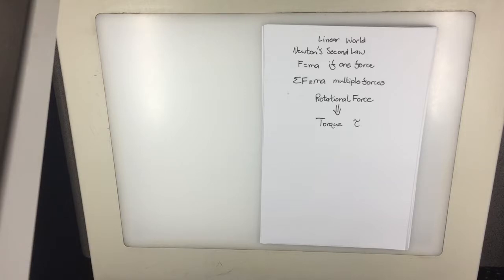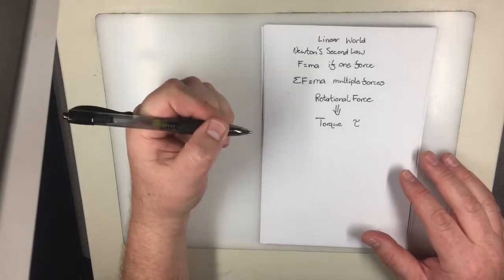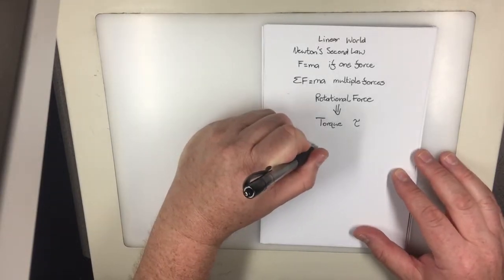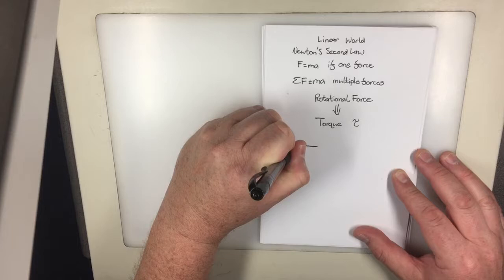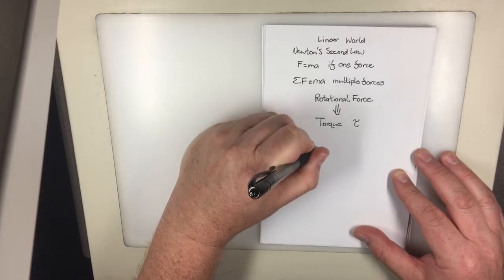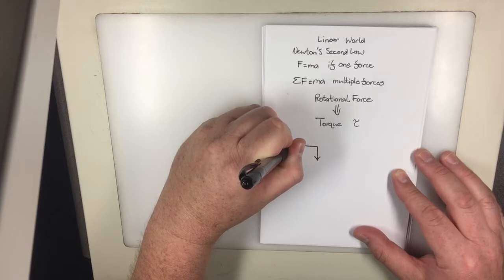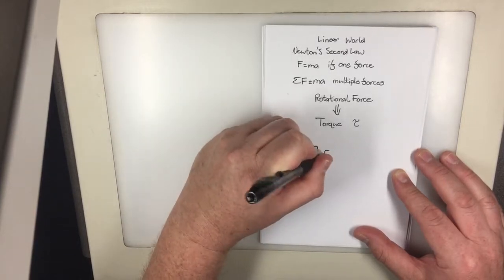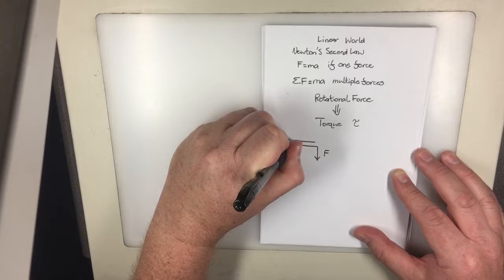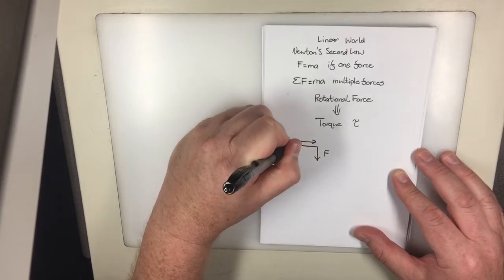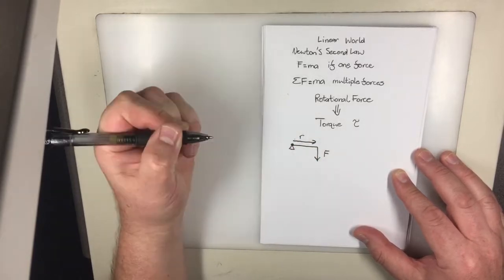Now, torque can be described as two different things. One is if you have a fulcrum, a rotation point, a pivot point, and there is a force out a specific distance r.